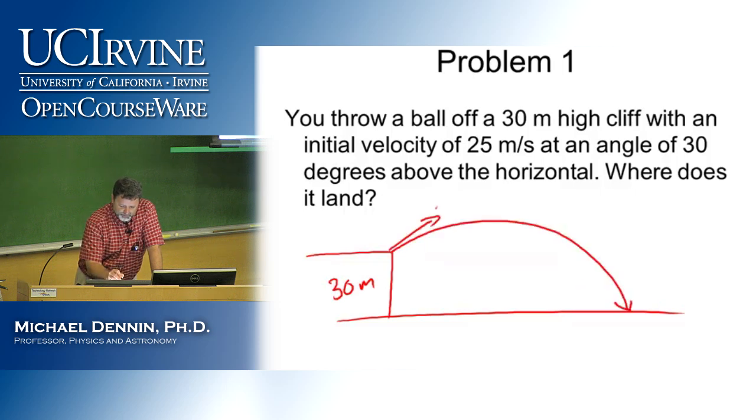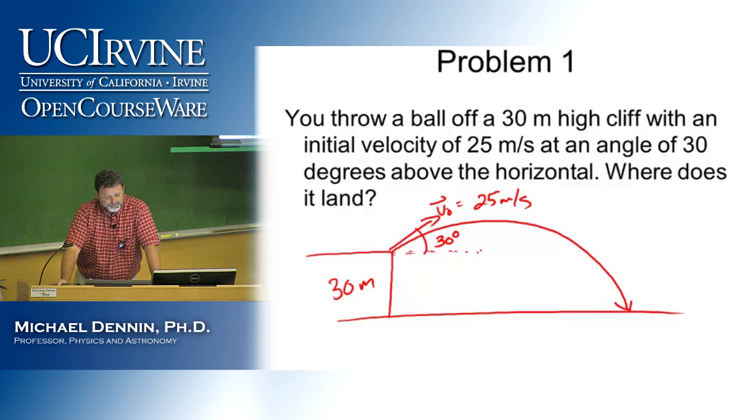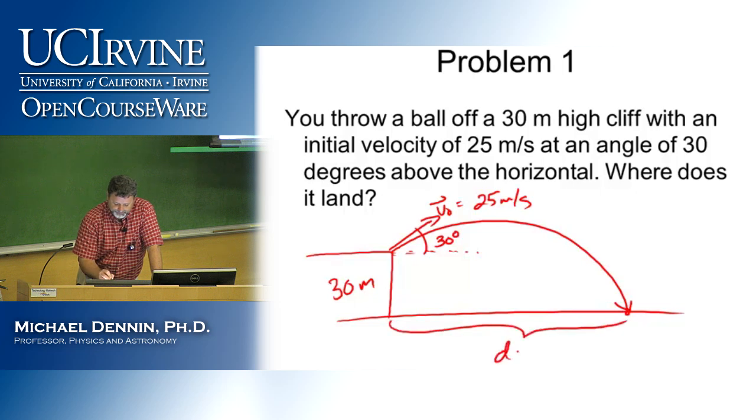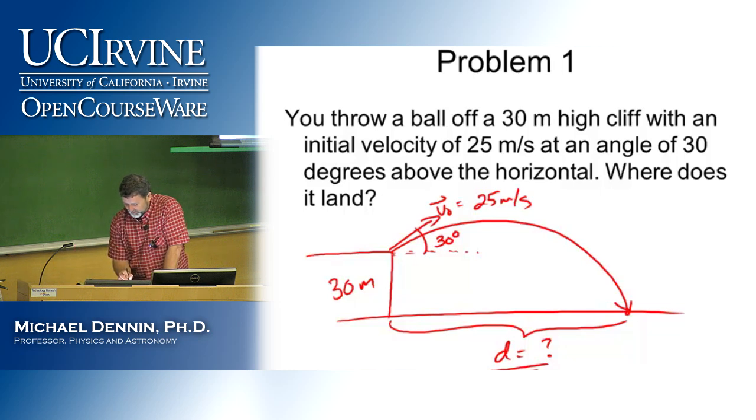It's being launched with a v0 of 25 meters per second at an angle of 30 degrees above the horizontal. And we're going to ask, where does it land? So this one is about as standard and as straightforward and simple as they come. A couple of things to keep in mind as we draw the various pictures, and I'll do it here.